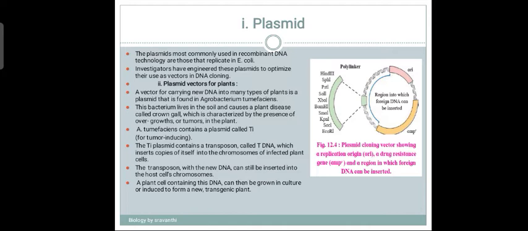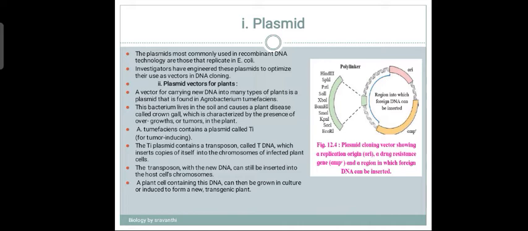These bacteria contain a plasmid called the Ti plasmid, that is, the tumor-inducing plasmid. This plasmid contains a transposon, which we call the T-DNA, which inserts a copy of itself into the chromosome of the infected plant cell. Then the transposon with the new DNA can be inserted into the host cell chromosome. The plant cell containing this DNA can be grown in culture and induces a new transgenic plant. You can see this in the picture.